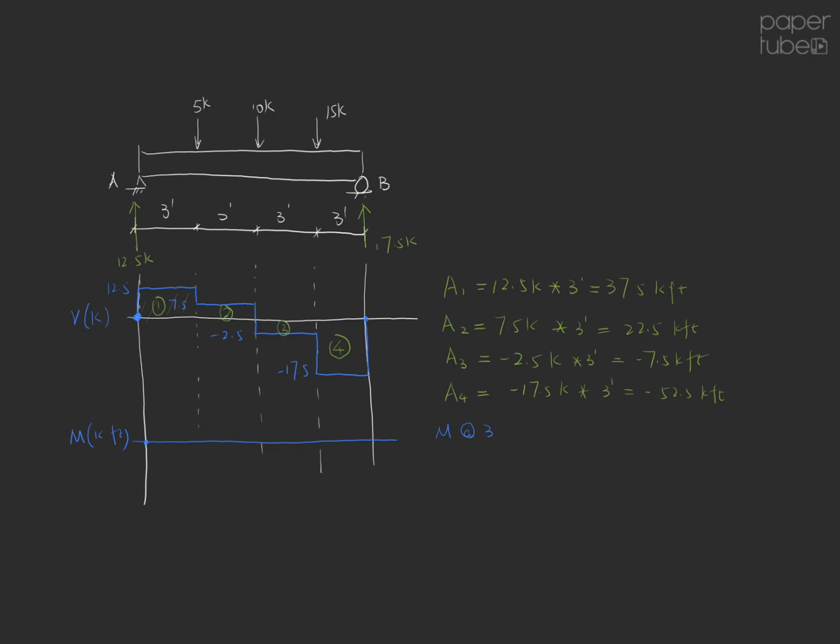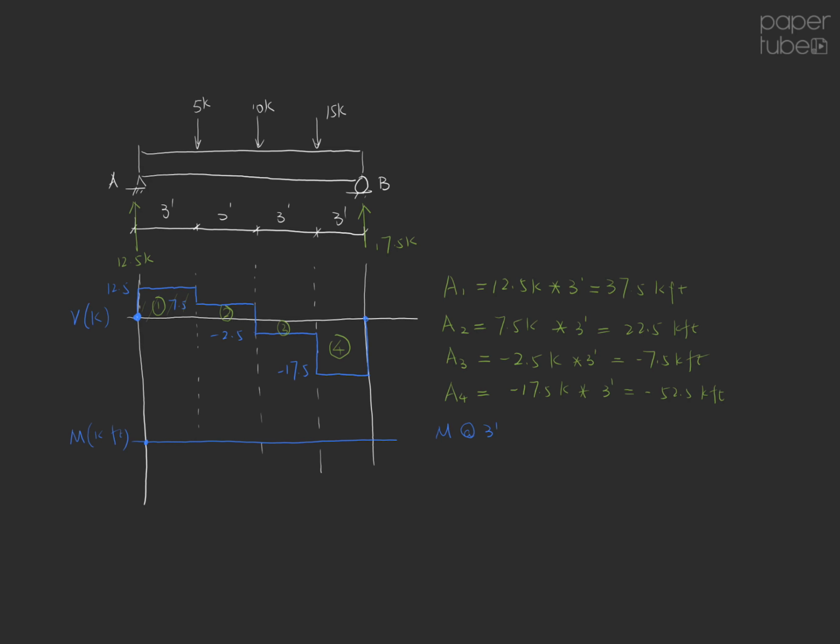And the moment at 3 feet, meaning the moment at this point, is equal to the summation of the area of your shear diagram, meaning your area A1, right? Your area A1, we calculated as 37.5. Therefore, your moment at this point is equal to 37.5, right?